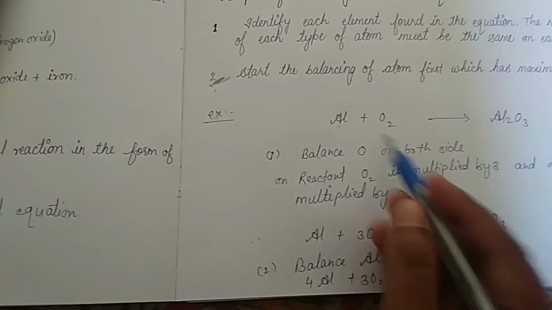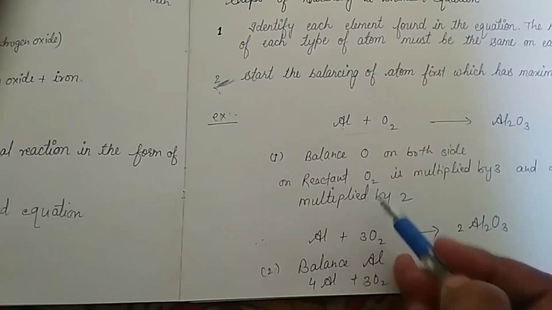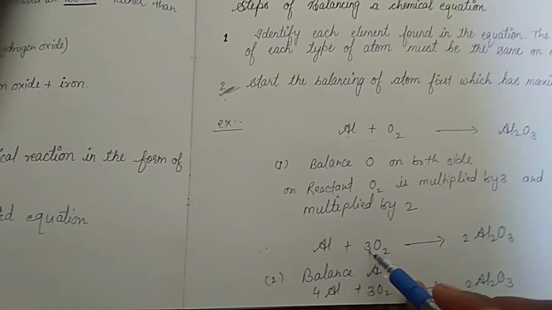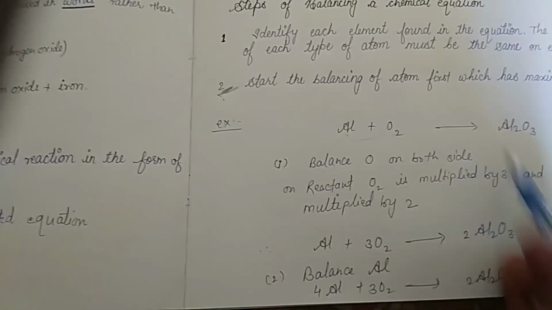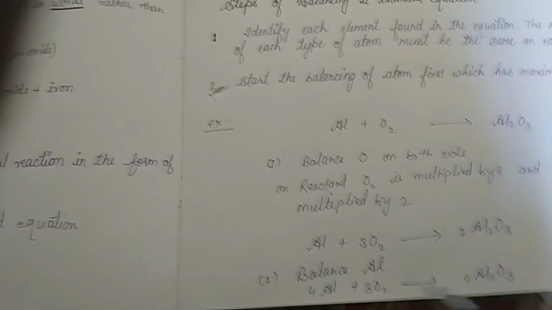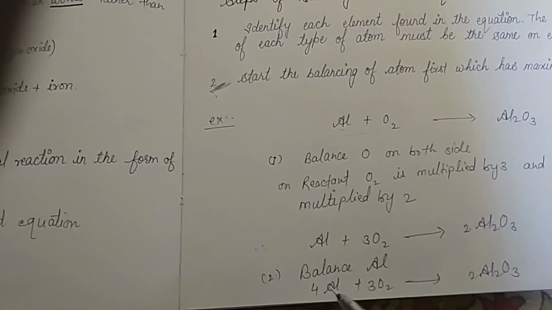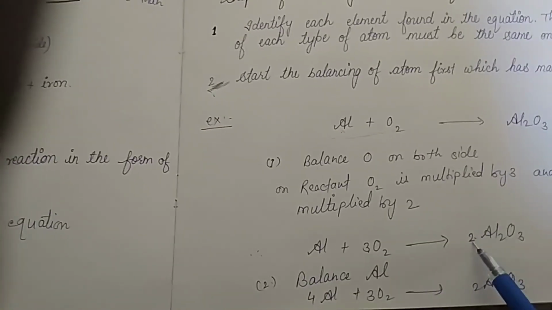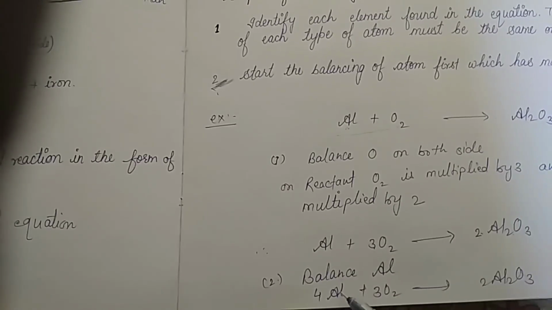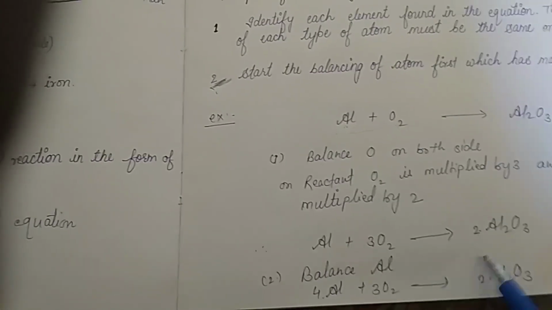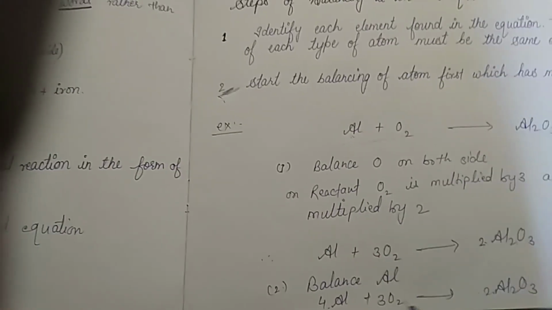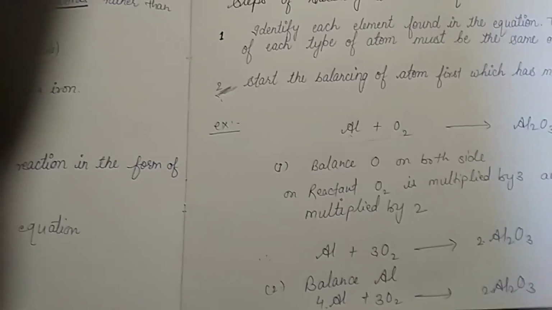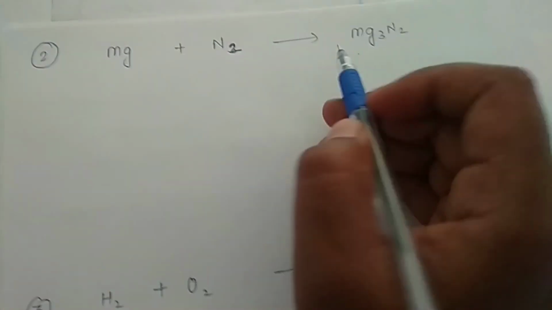O2 on the reactant side multiplied by 3 gives 6, and here multiplied by 2 gives 6. So oxygen is balanced. Now only aluminium remains. Here the total number of aluminium atoms is 4, so we will write 4 aluminium. Now you can check, children: 4 aluminium, 6 oxygen, 6 oxygen. Clear? Now let's see another example.